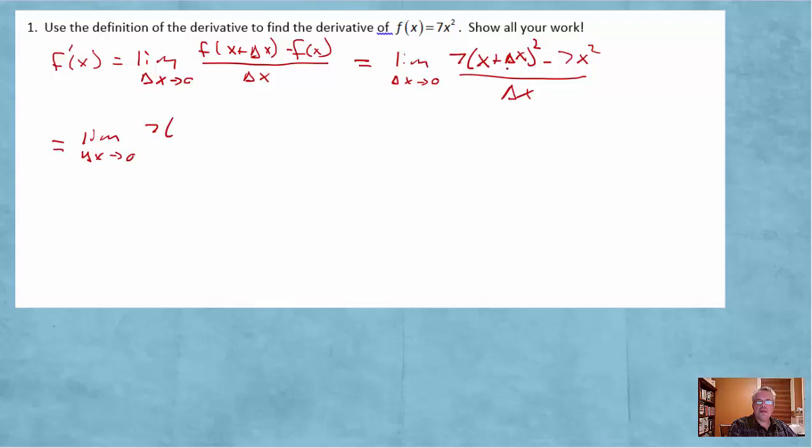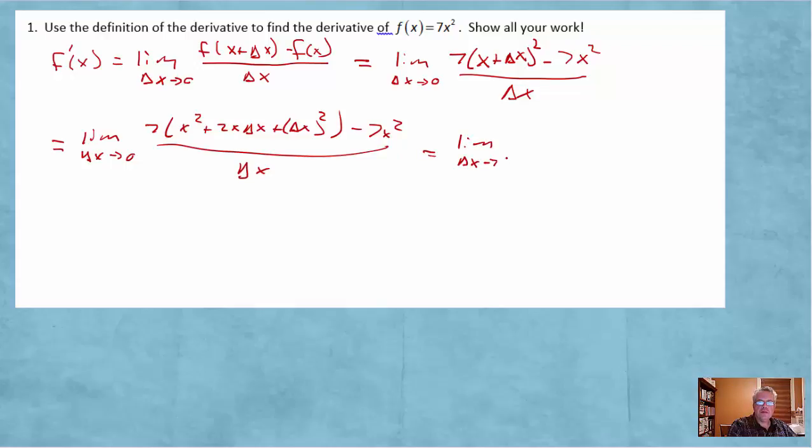Alright, so this is the limit as delta x goes to 0 of 7 times, when we square this out, we get x squared plus 2x delta x plus delta x squared, minus 7x squared, all over delta x. So we're used to doing a lot of algebra. No surprise to us anymore.